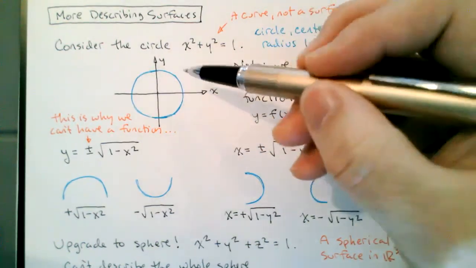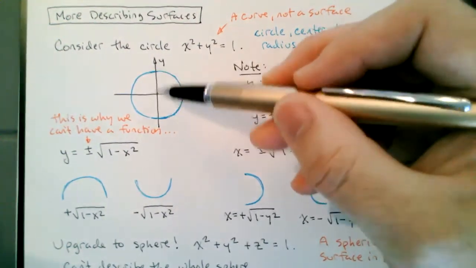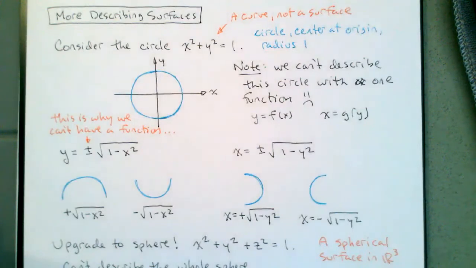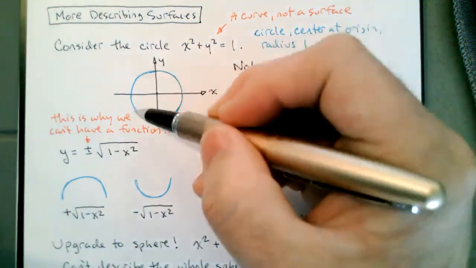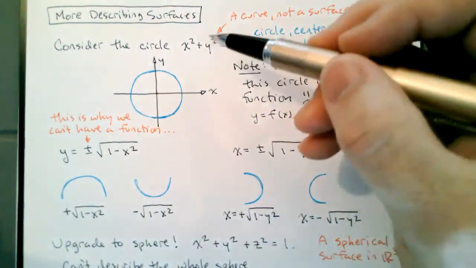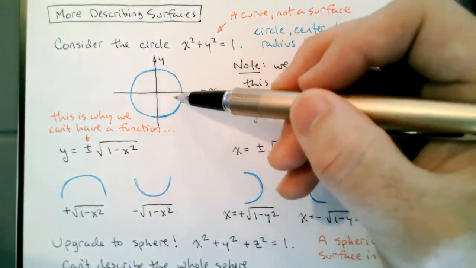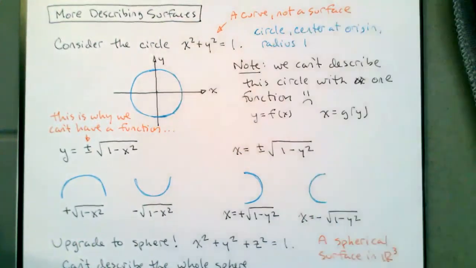If I want to describe a circular region, everything between 0 and 1 units away from the origin, then I could say less than or equal to, and that fills the circle in. So if I say x squared plus y squared is less than or equal to 1, that's going to be a circular region where we have a whole area.